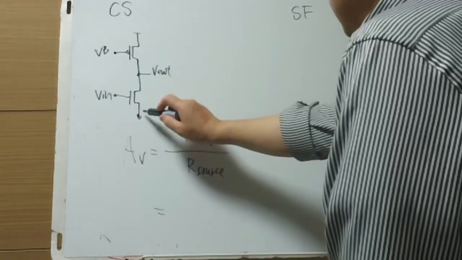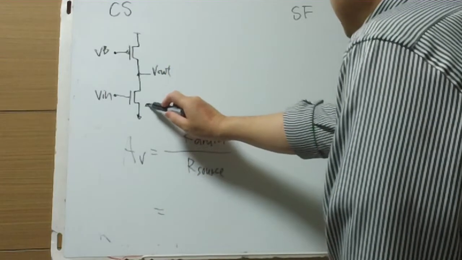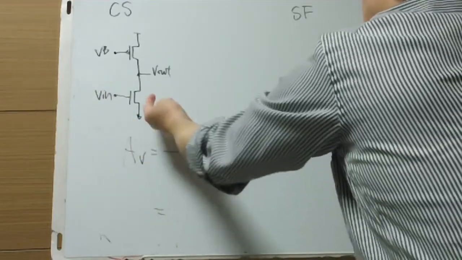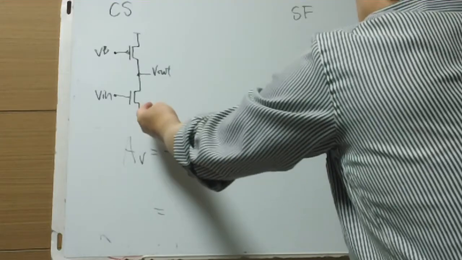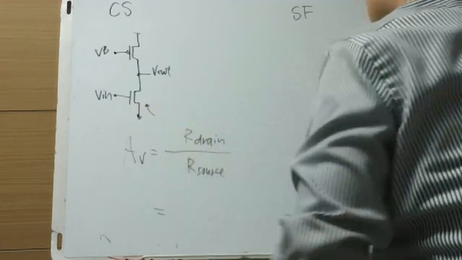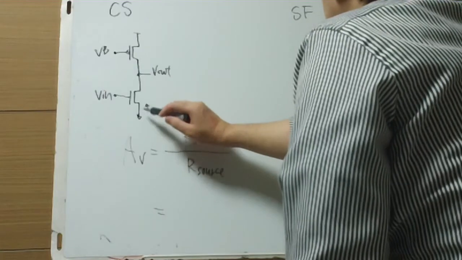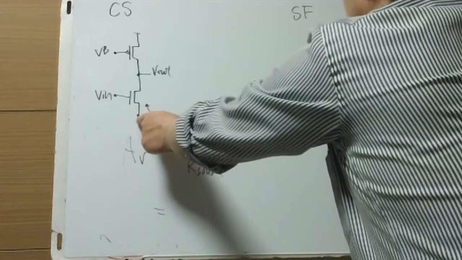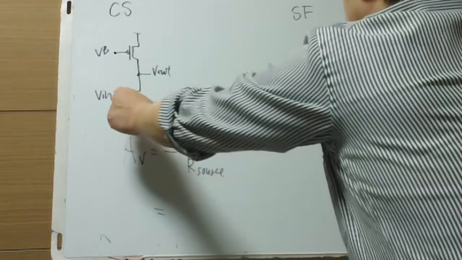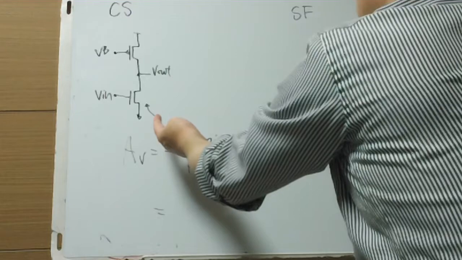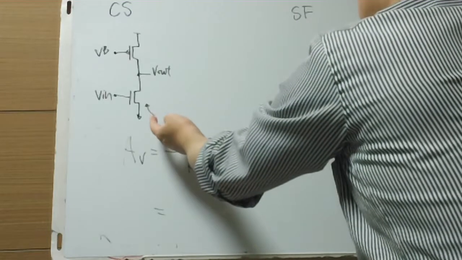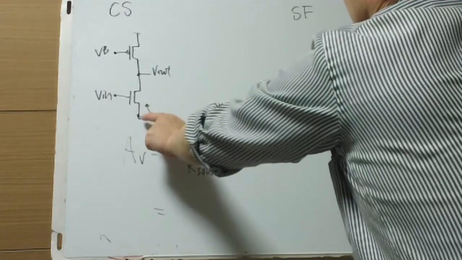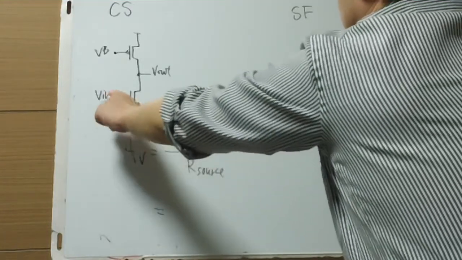In this case, there is no degeneration resistance. Moving some voltage with a modern ideal driving source voltage at the source node, we find how much resistance there is looking into the source.